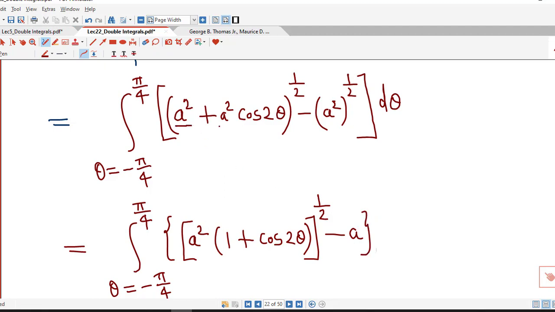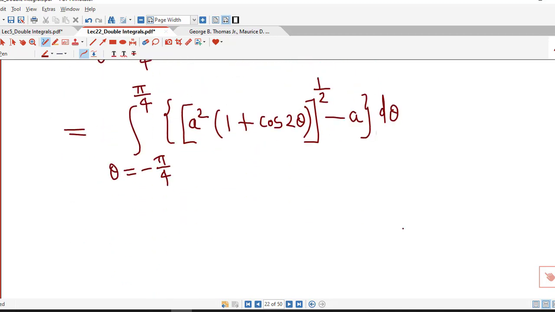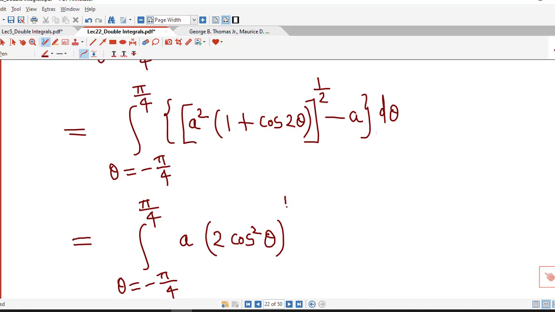Here we consider a square common into (1 plus cos 2 theta) whole raised to 1 by 2 minus a, integral with respect to theta. So next step is theta from minus pi by 4 to pi by 4, a square raised to 1 by 2, that is a, and 1 plus cos 2 theta is nothing but 2 times cos square theta, raised to 1 by 2, minus a, and here d theta.